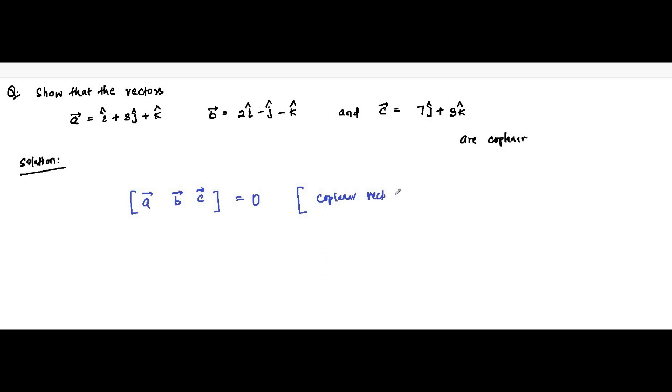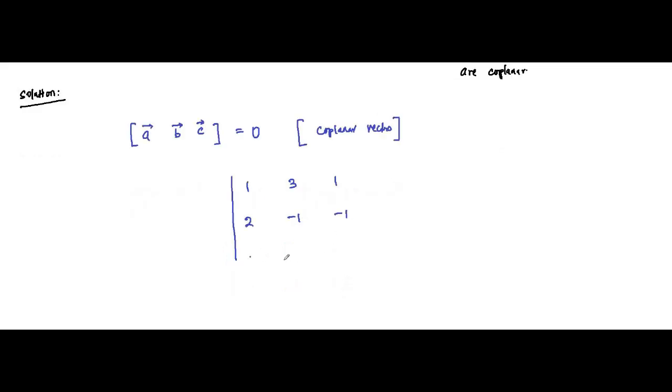Okay, so in determinant form with their x, y and z components, we can write it as 1 3 1, then 2 minus 1 minus 1, then 0 7 3.